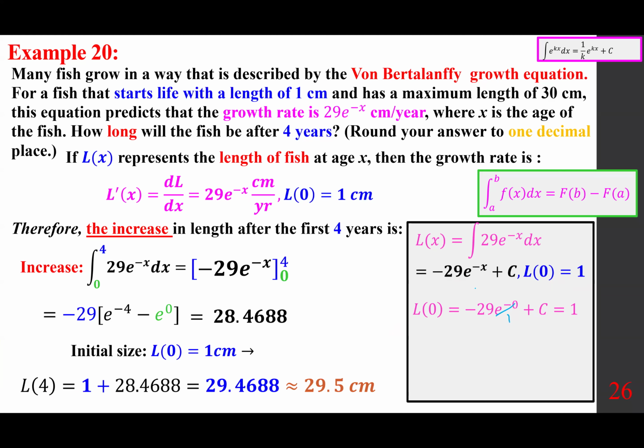So we have negative 29 plus c equals 1, which makes c 30. So that's the function at any given time x: L of x is negative 29 e to the power minus x plus 30. Therefore, after 4 years, replace x with 4. And the advantage is that if you want the length of the fish after 5 years, 10 years, or 7 years, just replace this number instead of going through anti-differentiation or integration again and again.